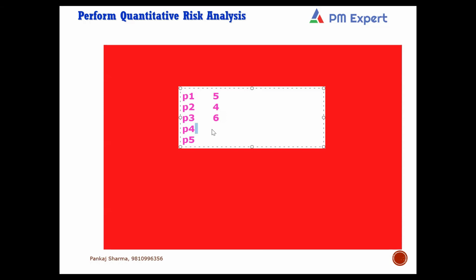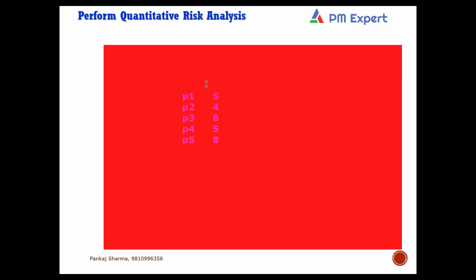This is 5. This is 8. So the top column is the value. Now value can be profit. And these are the projects, P1, P2 and so on.